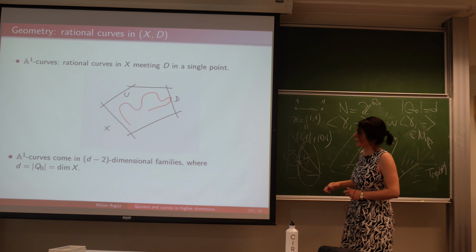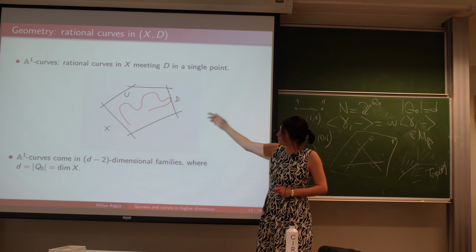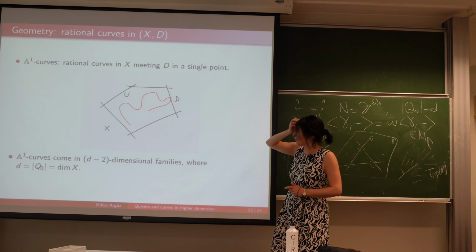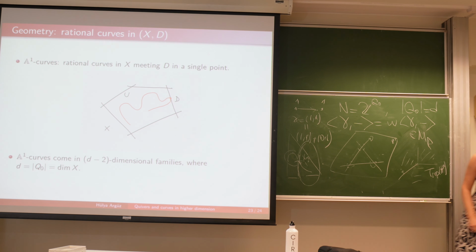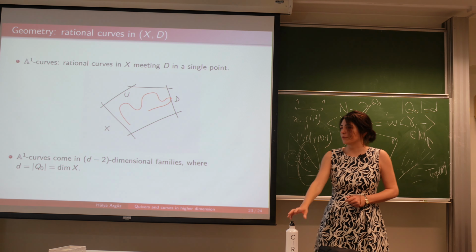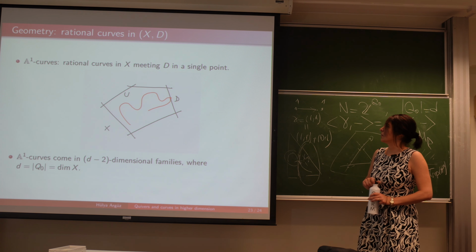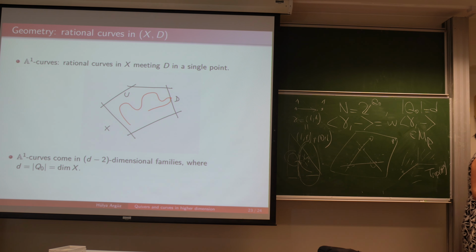And it's also the case that such curves come in D-2 dimensional families. Again, using techniques of log Gromov-Witten theory, we know how to extract numbers out of such counts by counting zero-dimensional strata.